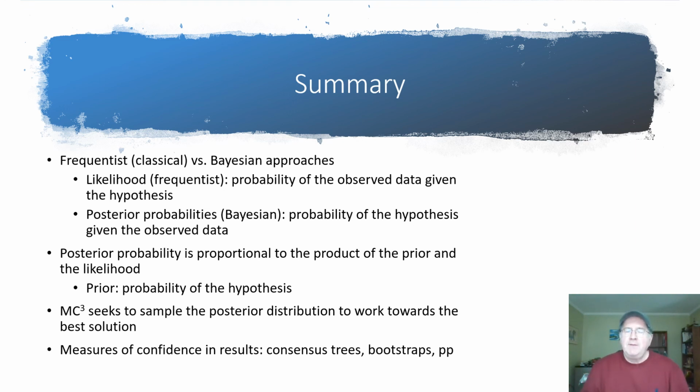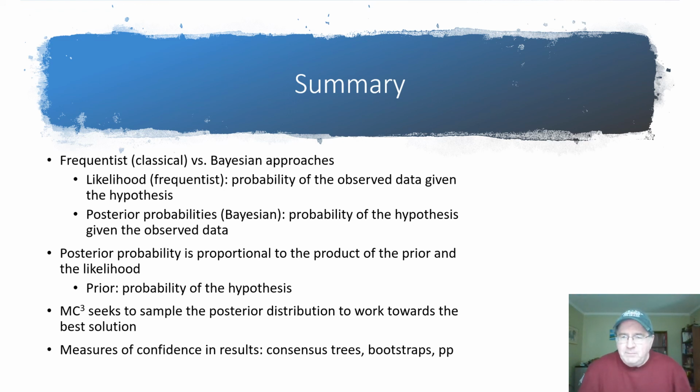So we're looking at the probability of the observed data given the hypothesis. So we're looking at the probability of getting these data if our hypothesis is true. Whereas a Bayesian approach looks at it the other way around, saying what is the probability of my hypothesis given the data that I observe. So it's very attractive, and that gives you a direct assessment of how good your hypothesis is.